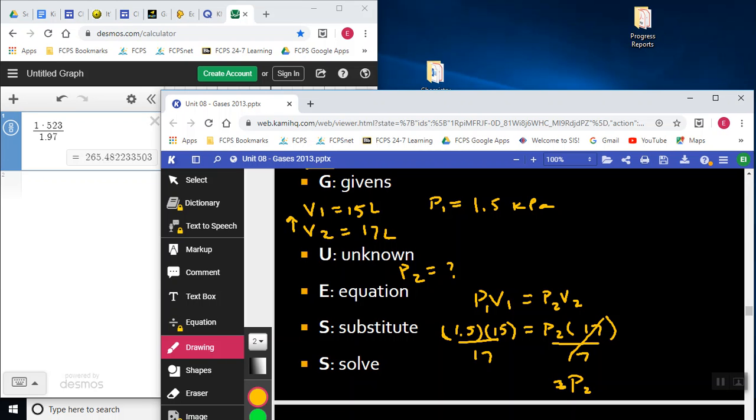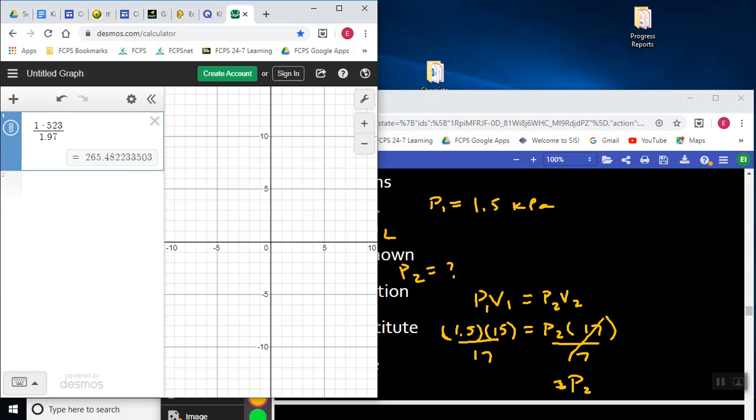So I'm going to type this in over here: 1.5 times 15, divided by the 17.